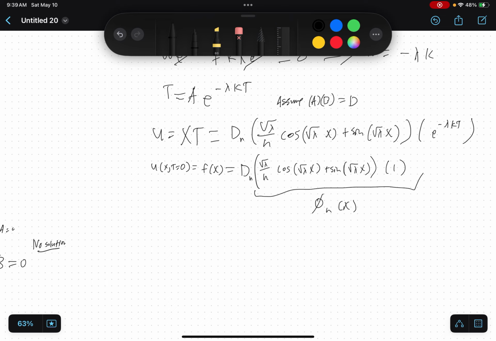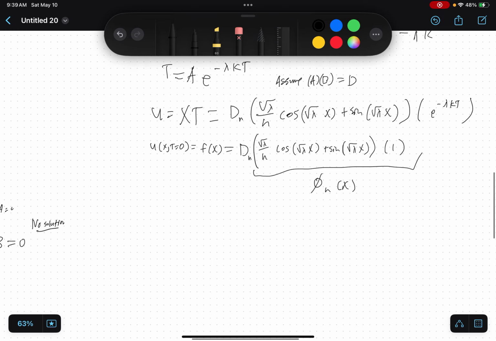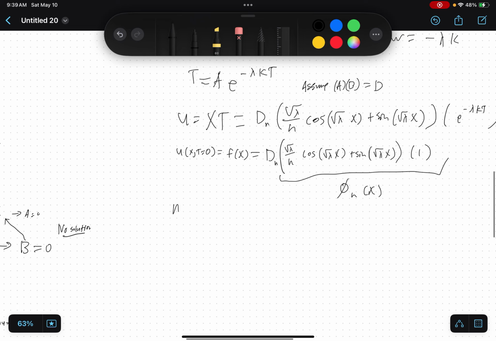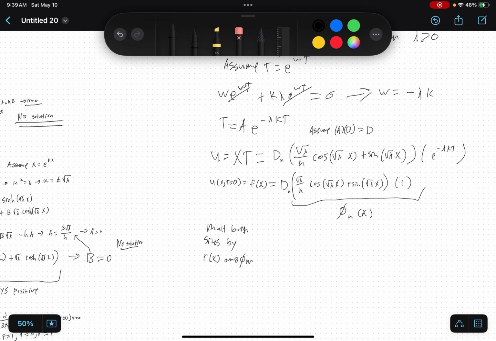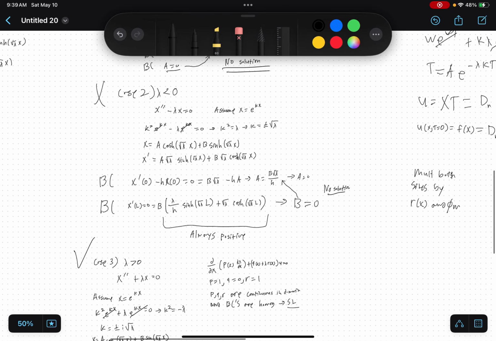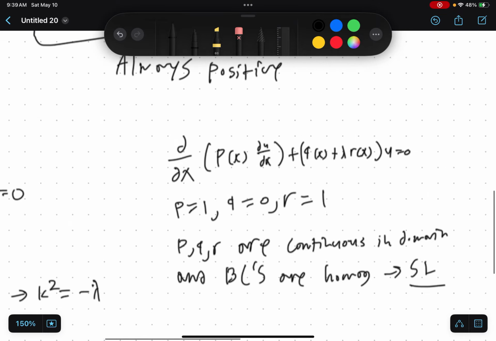Second, we multiply both sides by r of x and phi of m. So what is r of x? Well, we found r of x earlier.